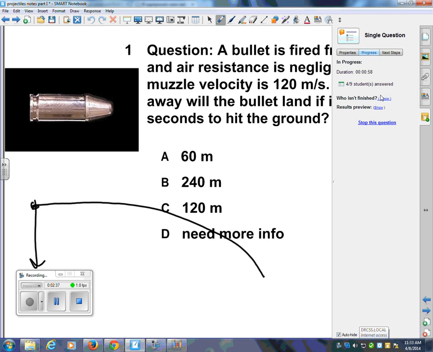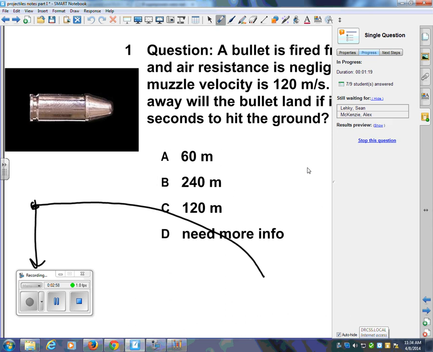We've got 3 people who've answered. How far away will the bullet hit the ground if it's traveling 120 meters per second and it takes 2 seconds to travel? Go ahead, Kaylin and Sean and Alex.